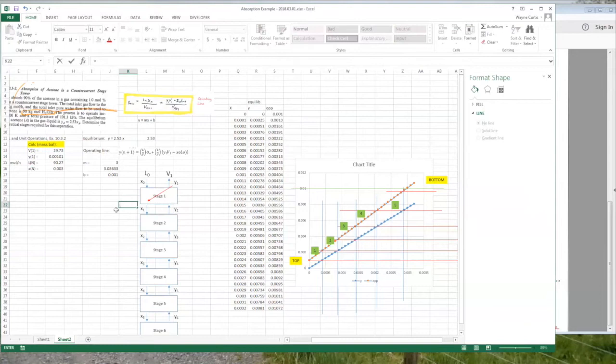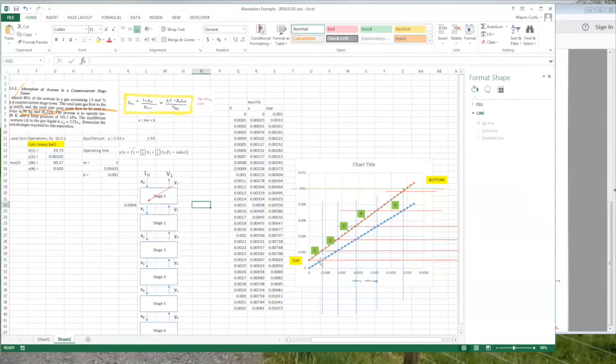Since we know what y1 is, it's up here. I can take this number and divide it by that number, and there's my mole fraction of acetone in that stage.